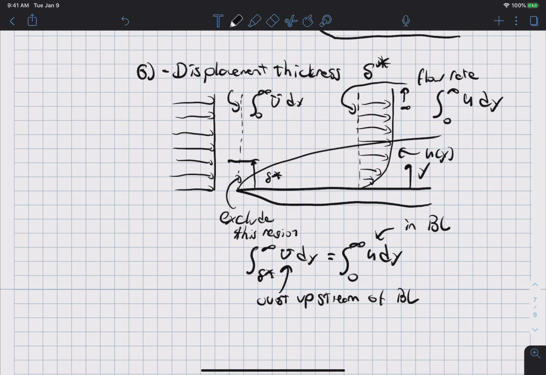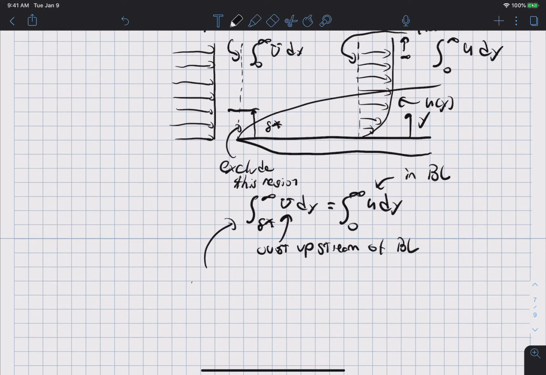Okay, well, I can play some games with this integral, and I can say that the integral from delta star to infinity is equal to the integral from 0 to infinity minus, and I should be formal here, for some function f, the integral of f dy minus the integral from 0 to delta star of f dy, since we have to subtract out that piece over here.